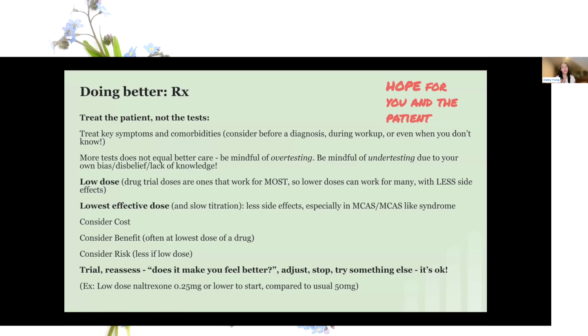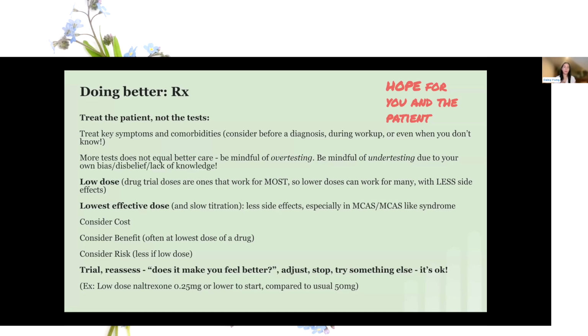Drugs are often prescribed at doses that are recommended because that's the dose that worked for almost everyone, which means it's higher than what we need for a lot of our patients. And so we should try to go low dose, lowest effective dose, less side effects, and still good response, hopefully, right? Especially for patients who may have chemical sensitivities and a lot of side effects, and we know them, right?